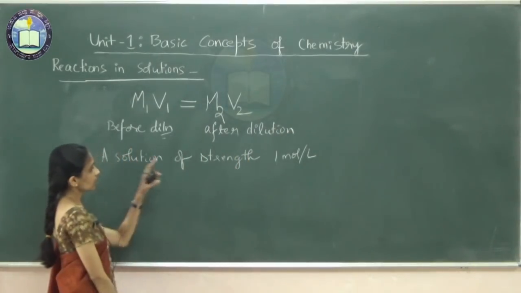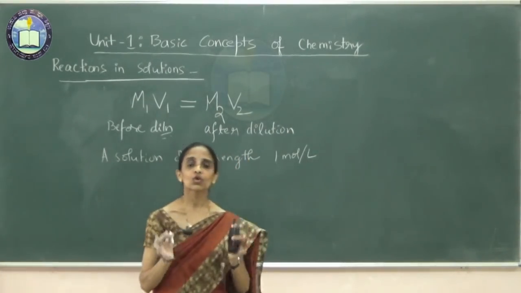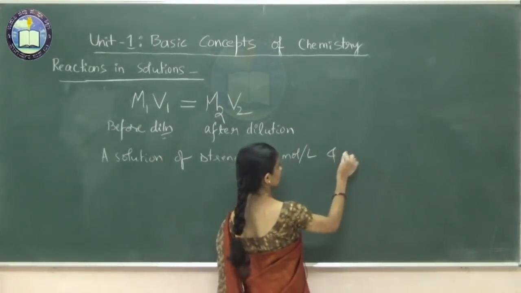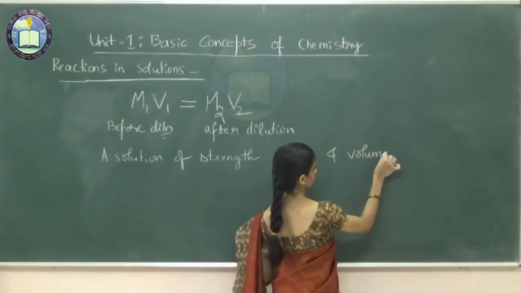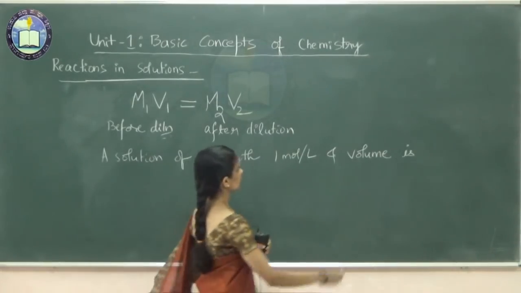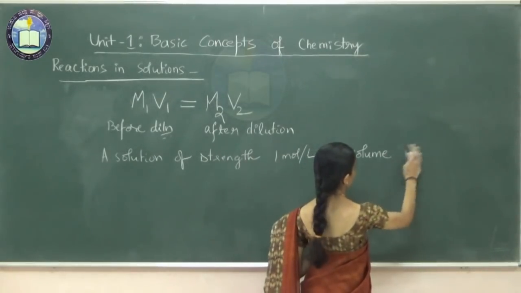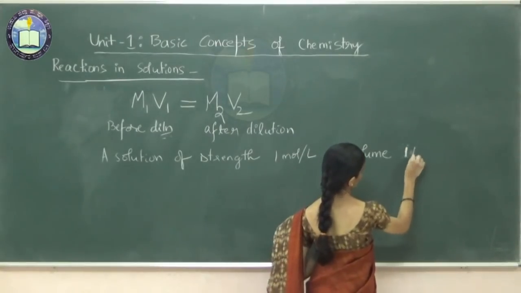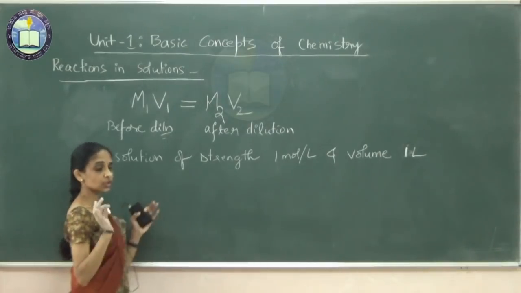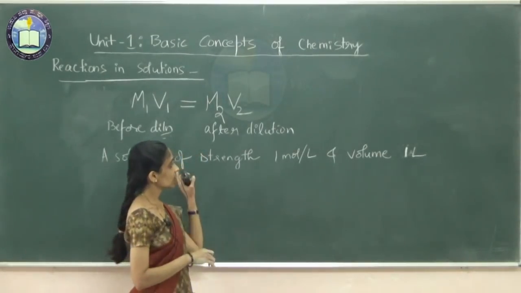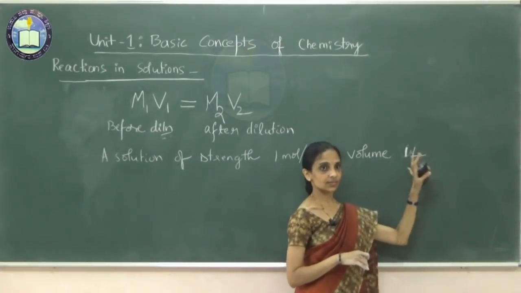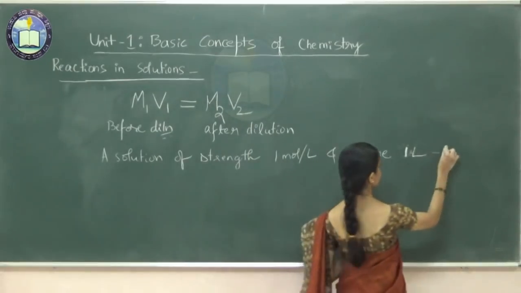You have a solution of 1 molarity, or 1 mole per liter, and its volume is, say, 1 liter. Okay, so your stock solution, the solution of higher concentration, has a molarity of 1 and a volume also of 1 liter. So this is your stock solution.